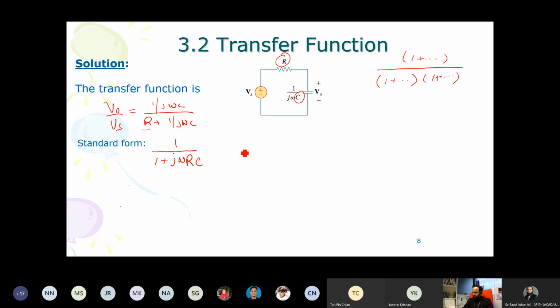So I am defining omega naught, which is 1 upon RC. And there's a reason for keeping 1 upon in a way. So it will become 1 upon 1 plus j omega upon omega naught. Right? So far so good?